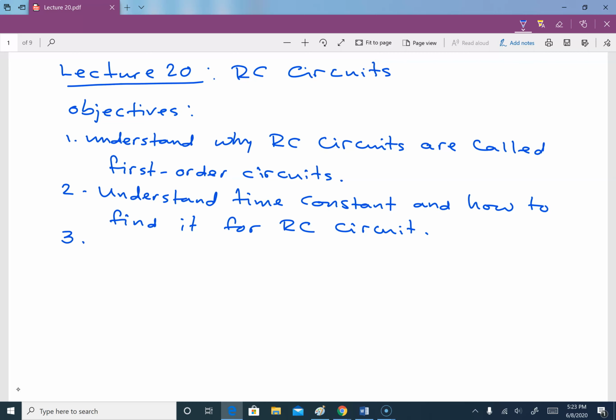The third objective is to determine voltages and currents in RC circuits.